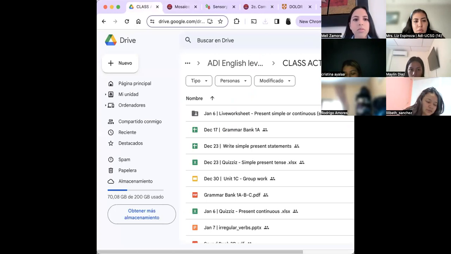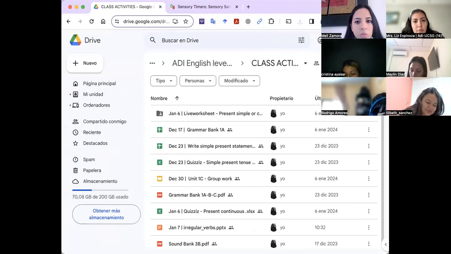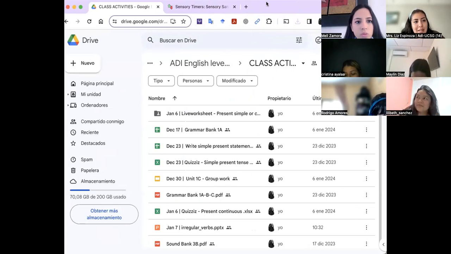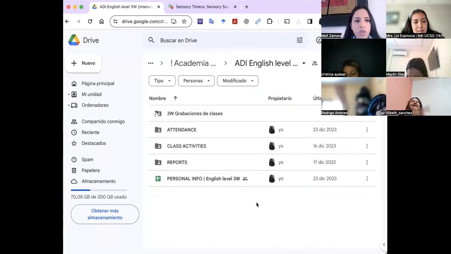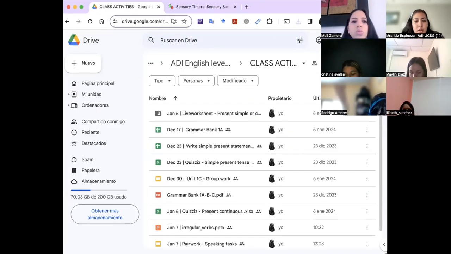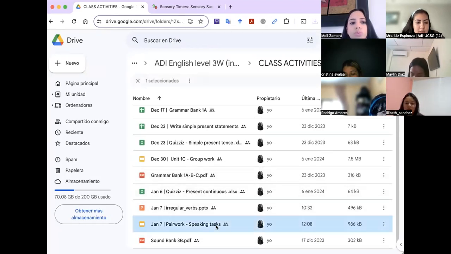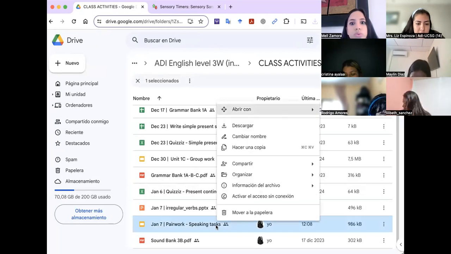Let's go to the Google Drive folder. We're not going to work in Moodle anymore, right? Let's go to Google Drive. In the class activities folder here, you have one that says pair work speaking task.